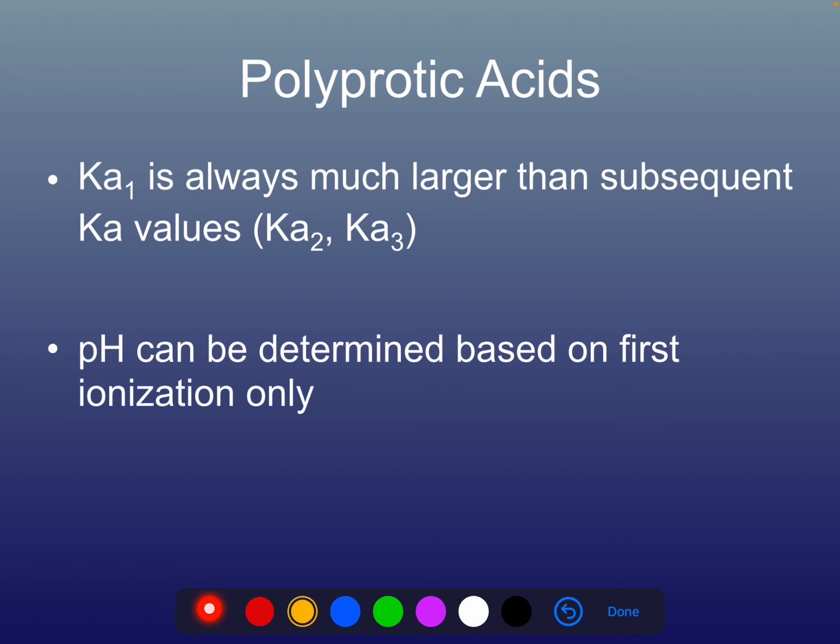If you were to put in your calculator 0.077 minus 6.8 times 10 to the negative 8, your concentration is still 0.077 whenever you round it. So because those subsequent K values are so small and the X values are so small, they end up not changing the pH for that particular substance.